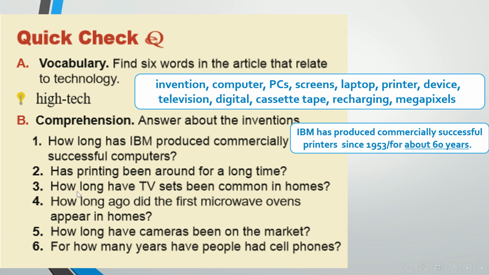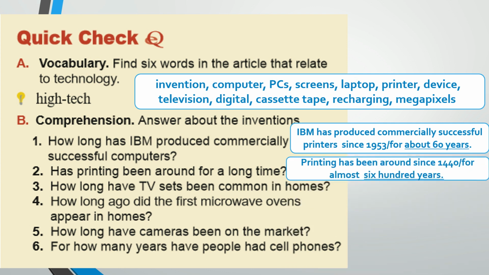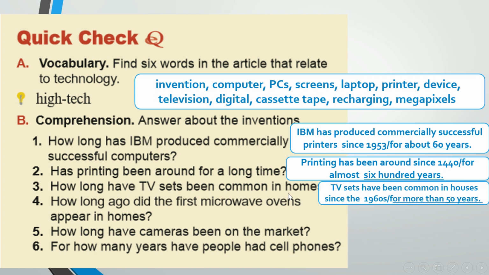Has printing been around for a long time? Printing has been around since 1440, for almost 600 years. Number 3. How long have TV sets been common in homes? TV sets have been common in houses since the 1960s, for more than 50 years.